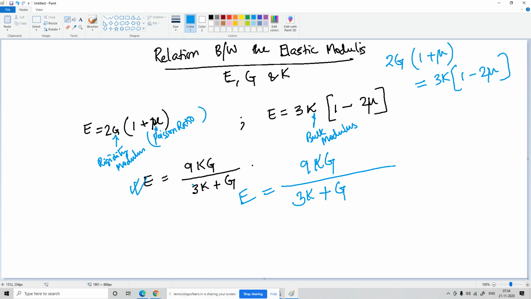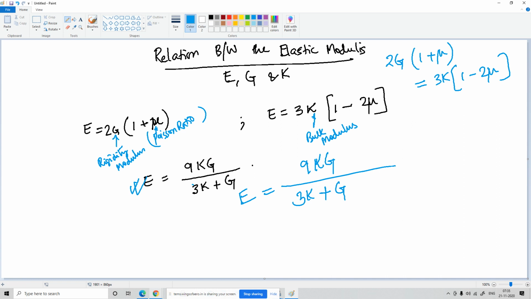So you can simplify and solve to find the unknown parameters. There are some problems where you need to use this concept. Is that clear? Noted? Shall we move to the next? Just let me know.